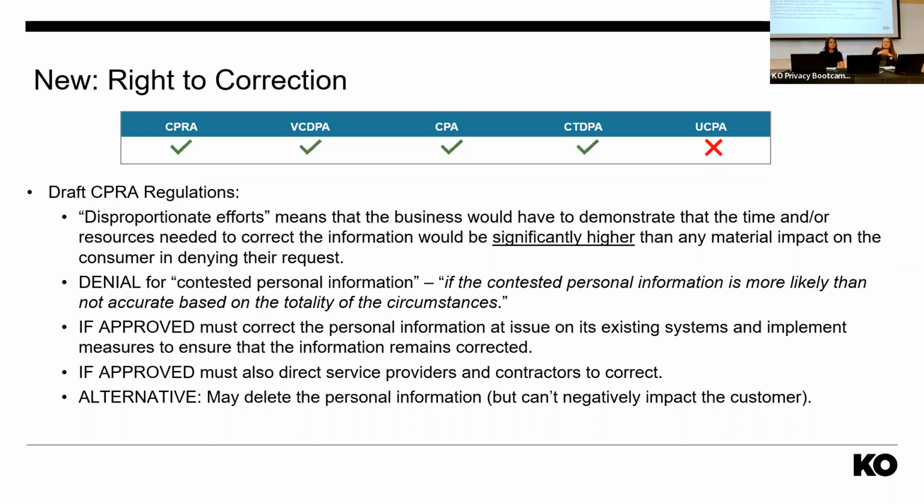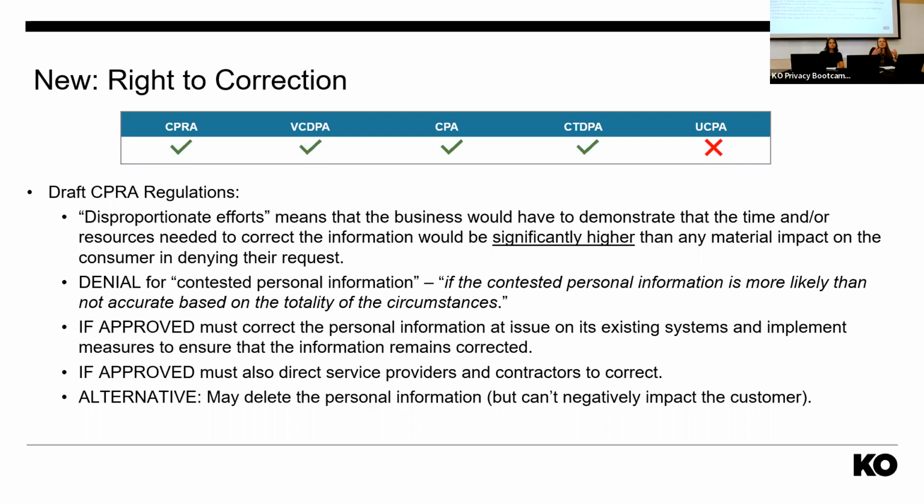One important distinction that California has is they flagged a specific time you can deny a request for correction for contested personal information. For example, a consumer comes in and submits a request for correction, but the business isn't sure that what they're asking to correct the data to is actually right.